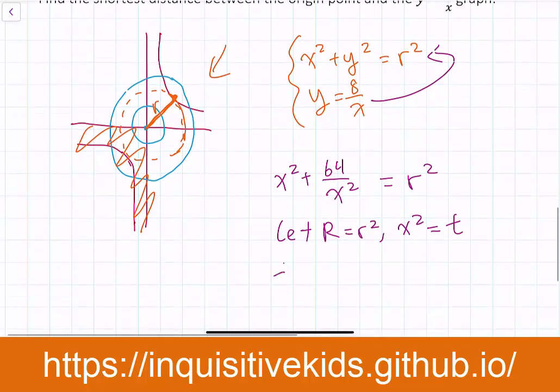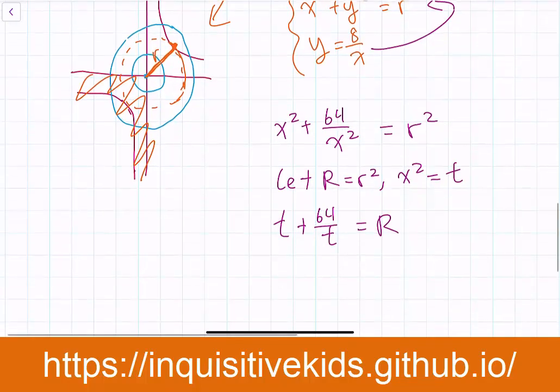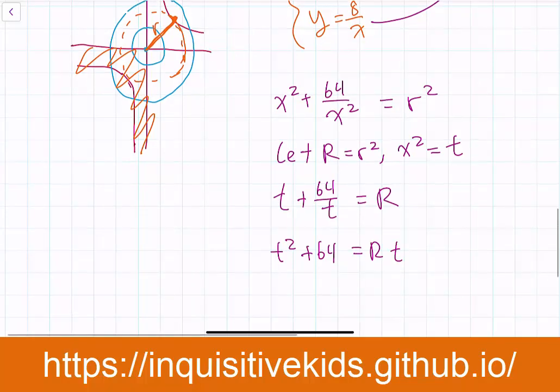So then t plus 64 over t would equal capitalized R. We're going to multiply t on both sides to get t squared plus 64 equals Rt. Move all the terms to one side of the equation to get t squared minus Rt plus 64 equals 0.